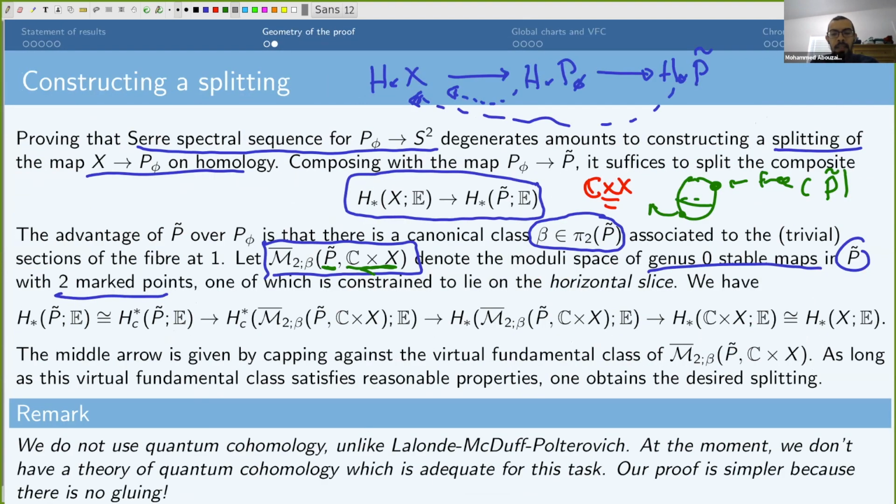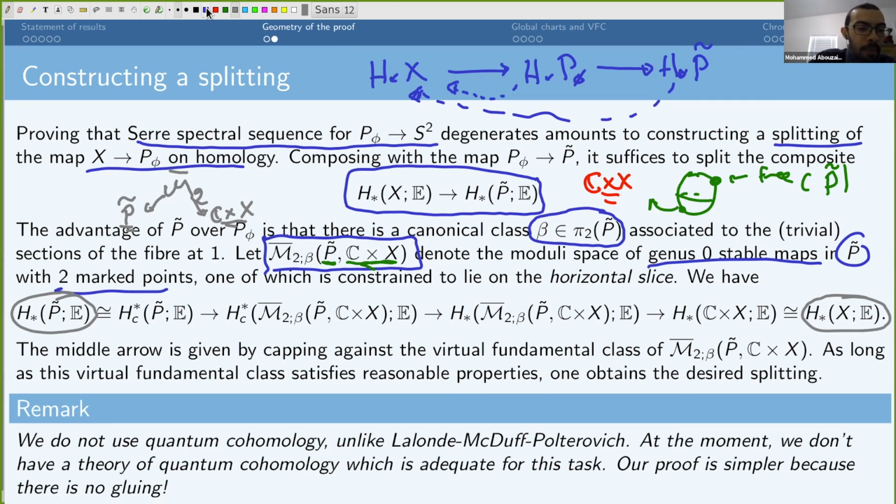Let's not for a moment worry too much about the geometry of the space. All I want to say is that by definition, the space, which I'll call M bar 2, has two evaluation maps, one to P tilde and one to C cross X. I can use these evaluation maps to construct the map from the homology of P tilde to the homology of X. Let me explain how that map is constructed, step by step.